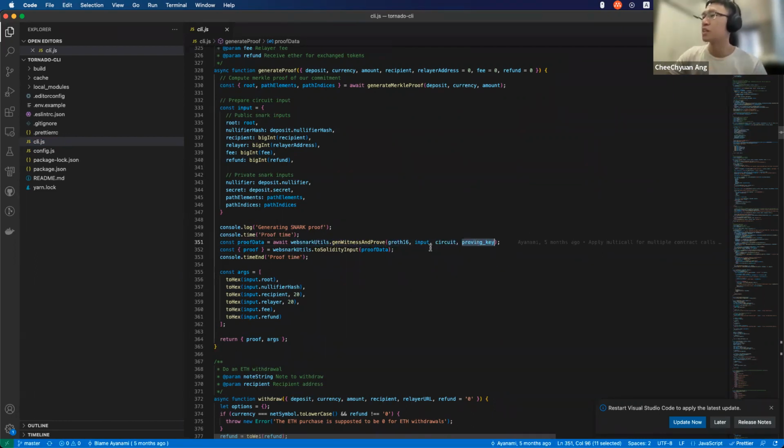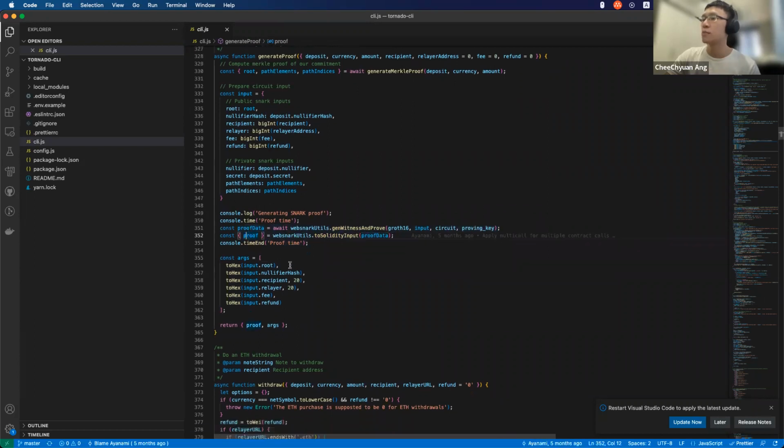I will not go into that unless someone asks. By doing this computation with the circuit, you're able to get your proof data. Then this is just formatting. After you have formatted the proof data, you send the proof to the function that we have seen. So the meat of this function comes from this part, which generates the path, and this part, which generates the proof.